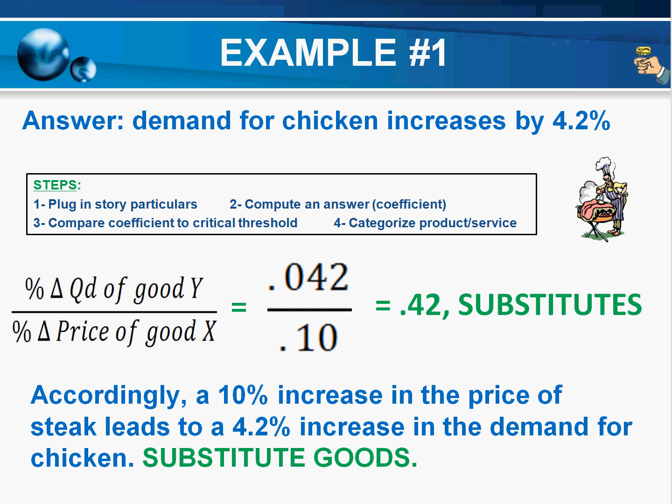Let's go through the steps. First, we start with our theoretic equation here, to which we can apply story particulars. In this case, we have steak increasing by 10% in the denominator, starting the story the same as always.